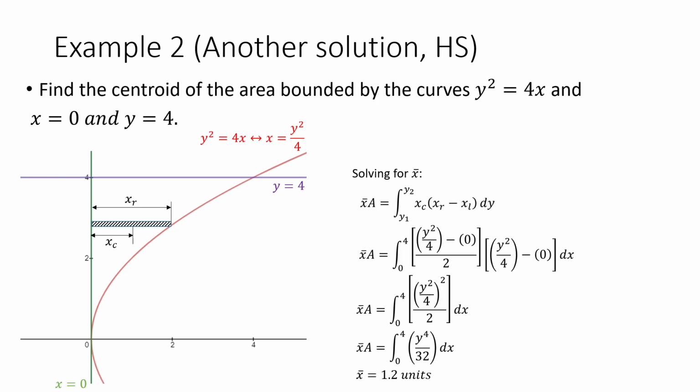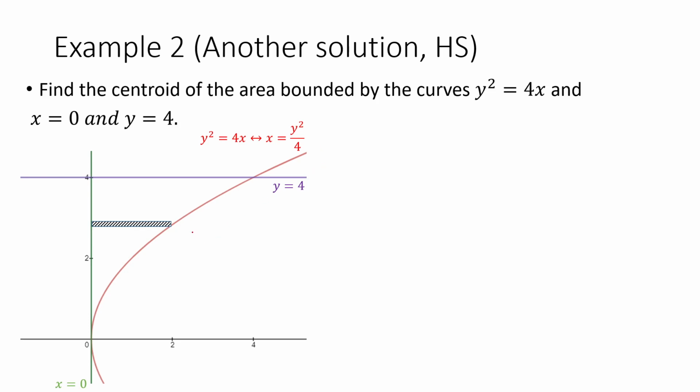So 1.2. And then for bar y, again we are now in terms of the y component, so automatically this one is just equal to y. So we cannot utilize the midpoint formula here, because from the x-axis going to the midpoint is the y distance, right? So bar y times the area equals y sub c times the differential area.